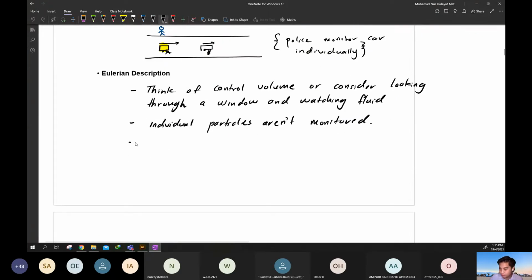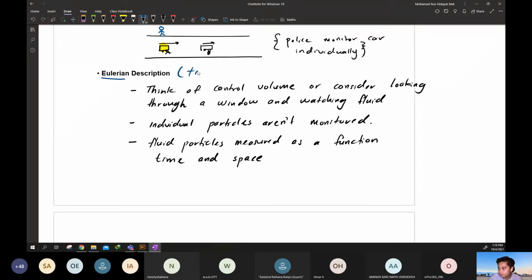This is why the third point is that the property of the fluid particle is measured as a function of time and space. This is the keyword. The Eulerian focuses on time and space.